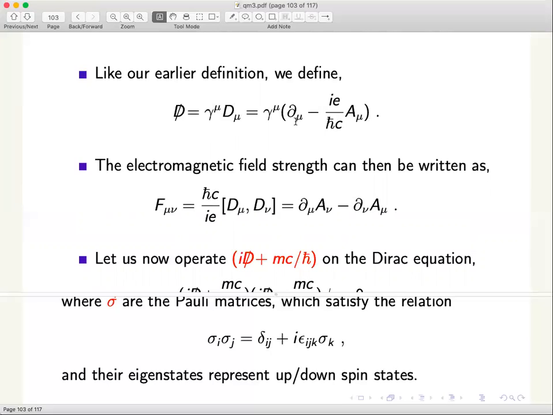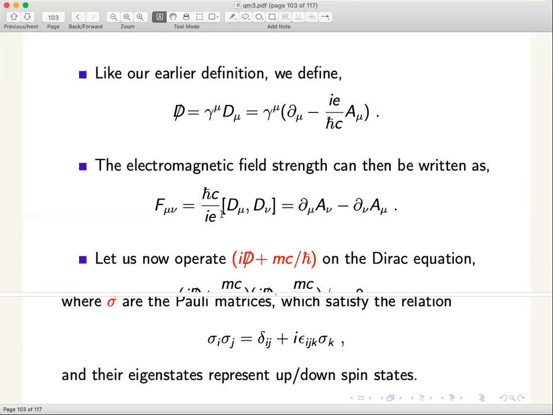Now you can check that if you take the commutator of the covariant derivatives, then of course if the index is the same, it would just vanish, but if the index is different, then you would get the field strength up to some normalization factor. This normalization is basically coming from the covariant derivative piece. So if you write this factor out, you actually produce the electromagnetic field strength as a commutator of covariant derivatives.